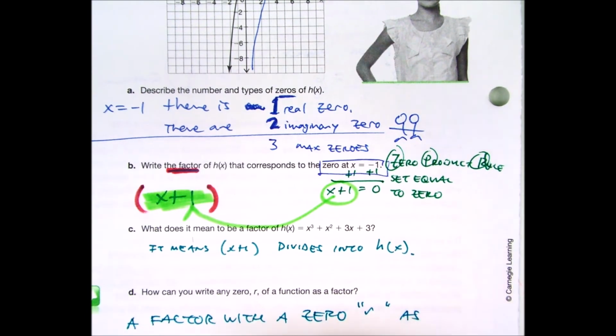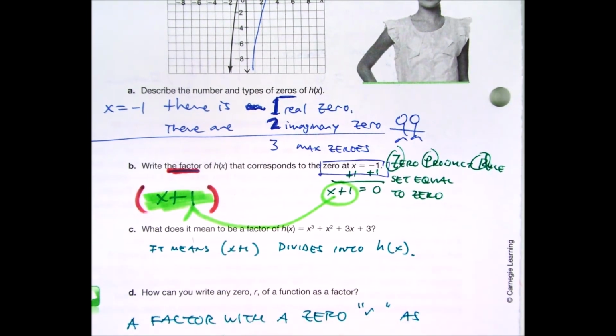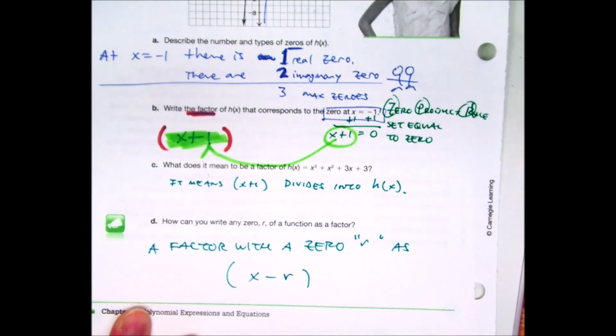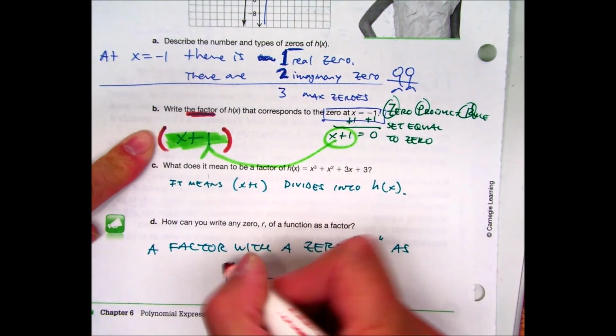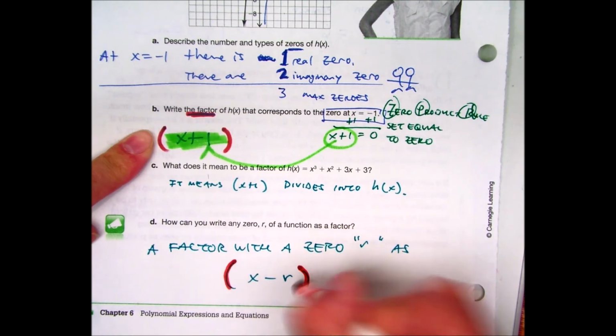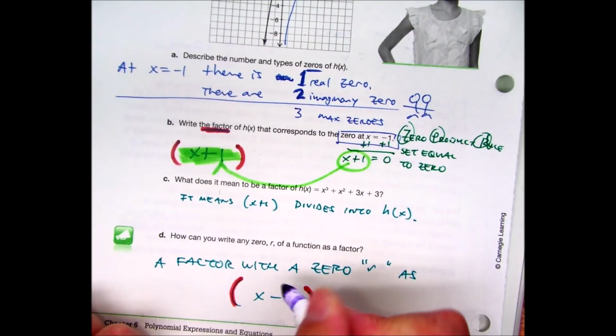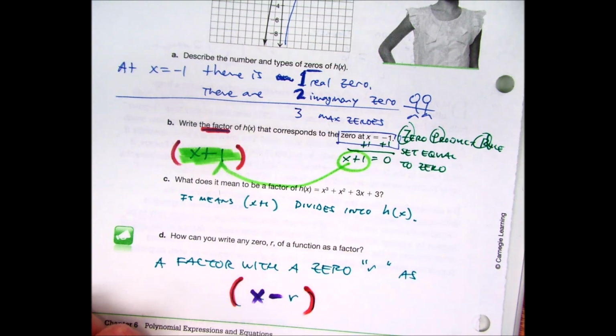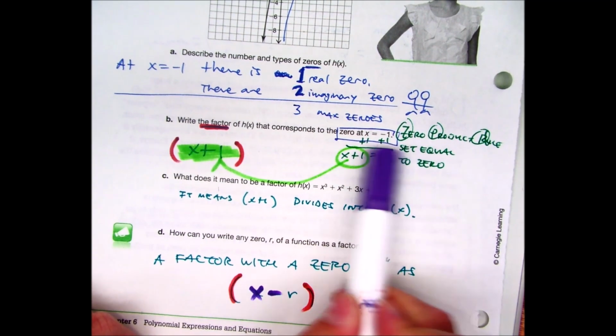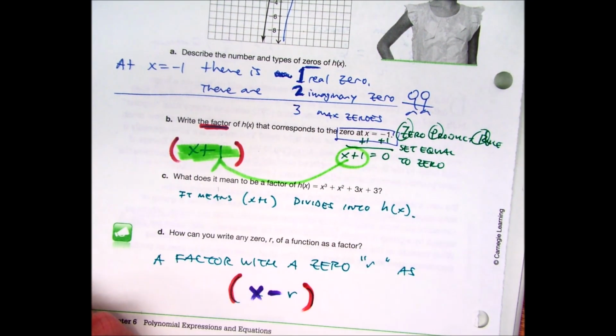You write it as x minus R. So again, they call this the factor. And remember, in this formula, be careful, you have x minus R. Now, just set it equal to 0, and that'll be probably pretty helpful.